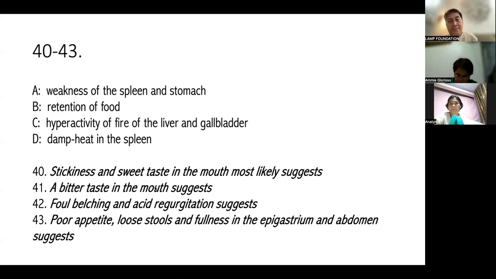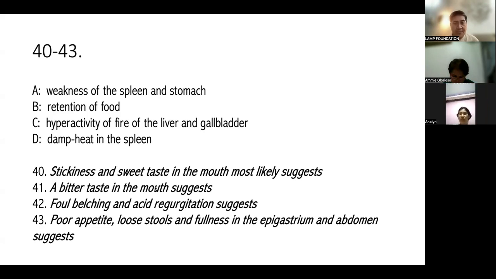Okay, very good. Next. Number 43, poor appetite, loose stools, and fullness in the epigastrium and abdomen suggests letter A, weakness of the spleen and stomach. May mga signs siya sa spleen, yung poor appetite, loose stools, and sa stomach, fullness in epigastrium, abdomen.